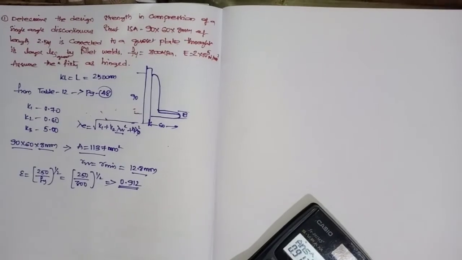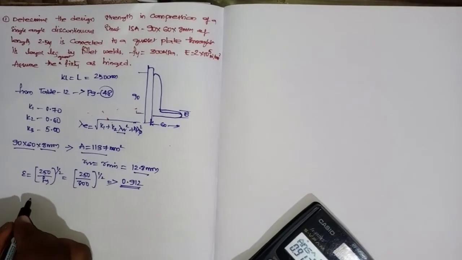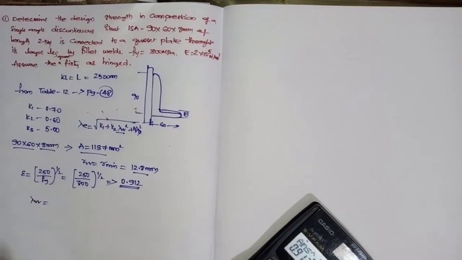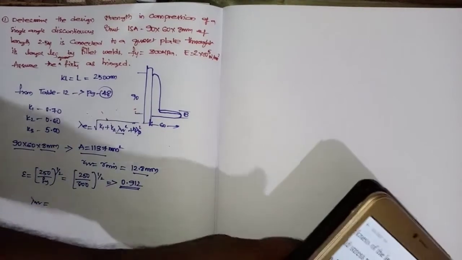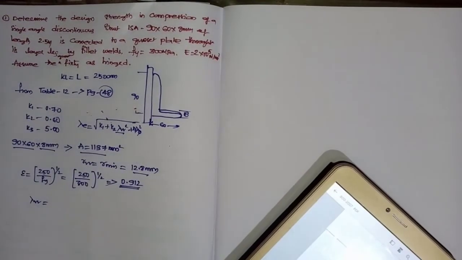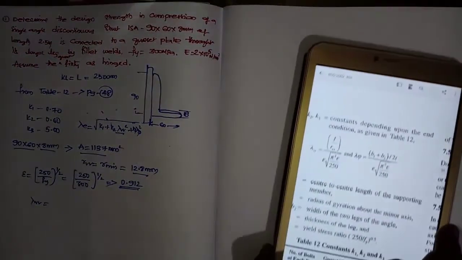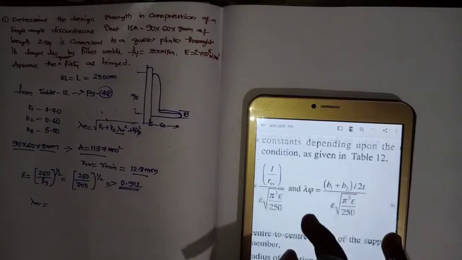Next we will calculate lambda VV. First, what is the formula for lambda VV? Once we visit IS 800:2000, page number 48. Now see here, what is the formula?